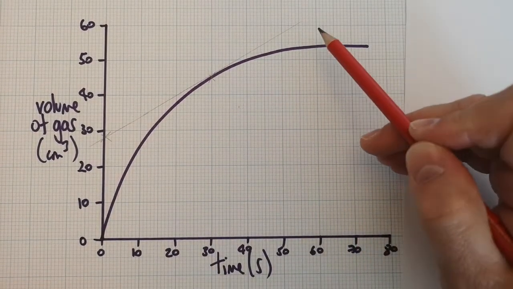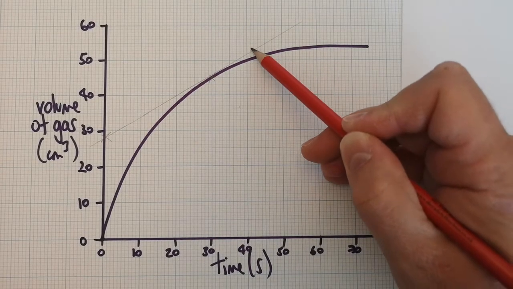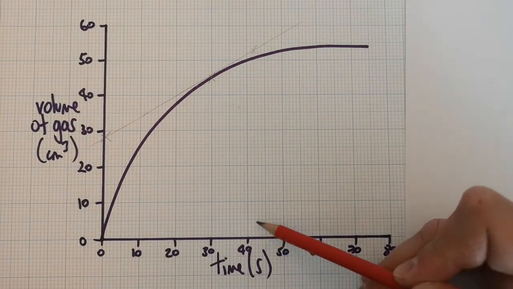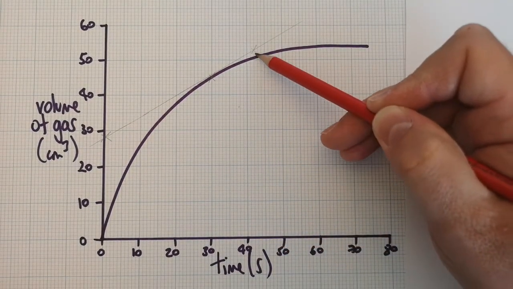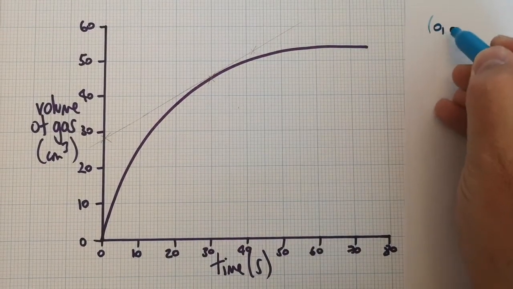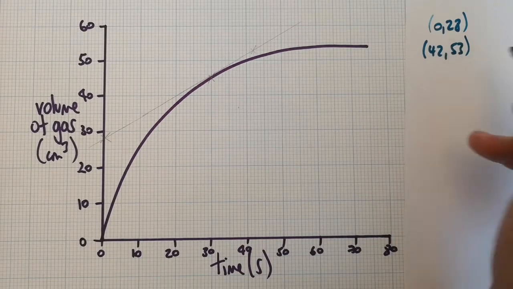And then I'll take another point that is relatively easy to read. I'm going to go for this point here. And that is at 42 and 53. Okay, so I had 0, 28, 42, 53.